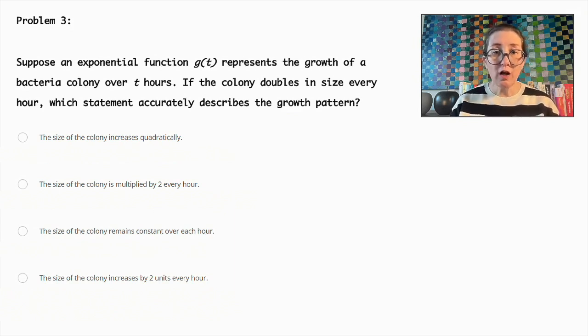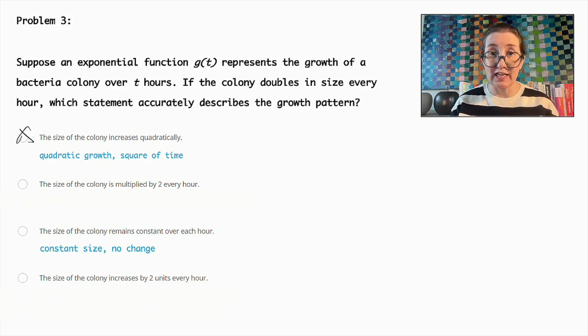First, the colony does not increase quadratically. Quadratic growth involves the square of time, not consistent doubling. Now, the colony size does not remain constant. Exponential growth means it changes.